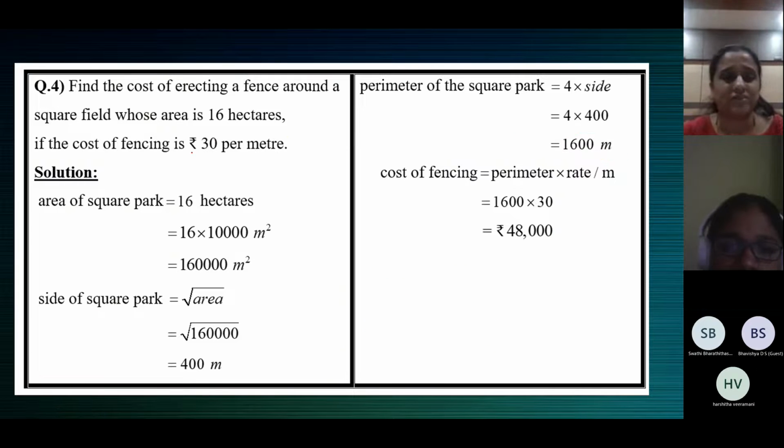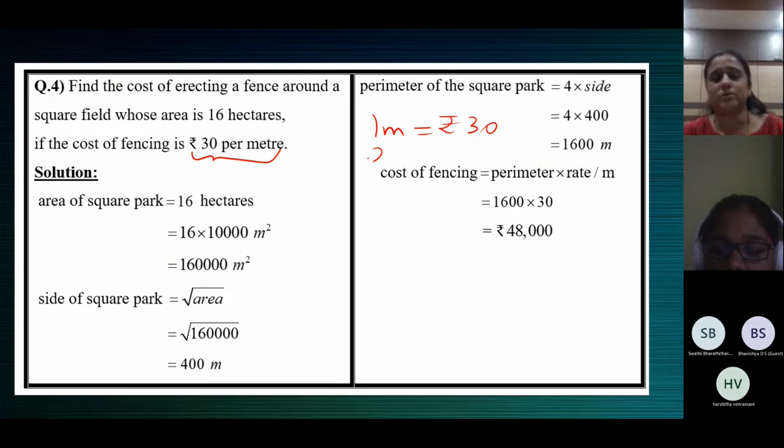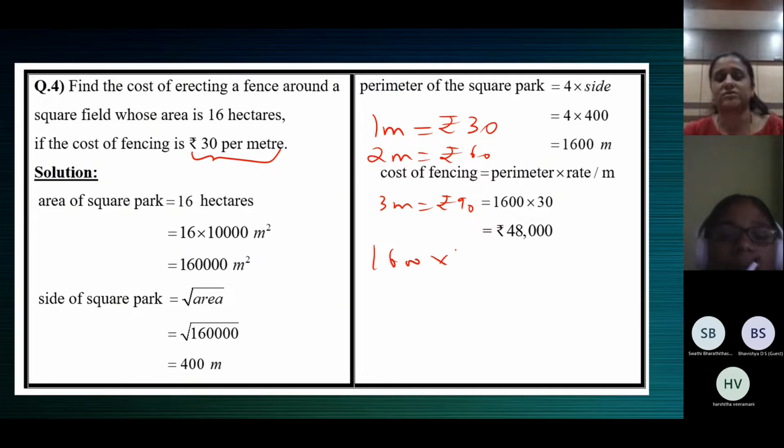Rupees 30 per meter means 1 meter of fencing will cost you rupees 30. 2 meters, 60 rupees. 3 meters, 90 rupees. Then for 1600 meters, 1600 into 30 rupees. Rupees 48,000.